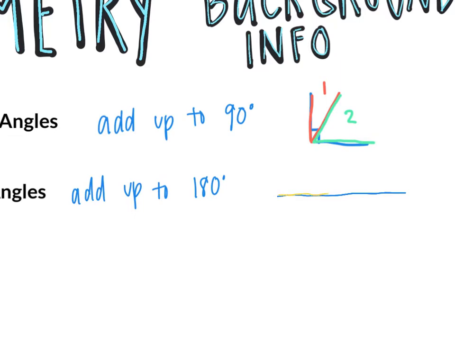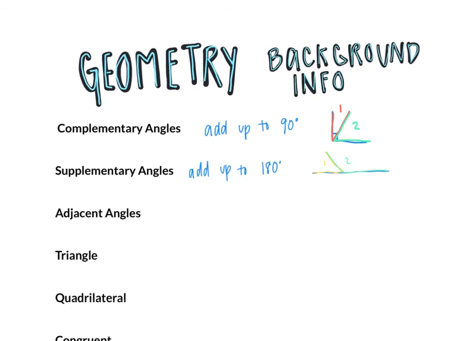Let's just say we have angle 1 right there, and angle 2 right there. If we added those angles up, you can see that it creates a straight line, or it adds to 180 degrees, okay? Adjacent angles. Adjacent angles are angles that are directly beside one another, okay?